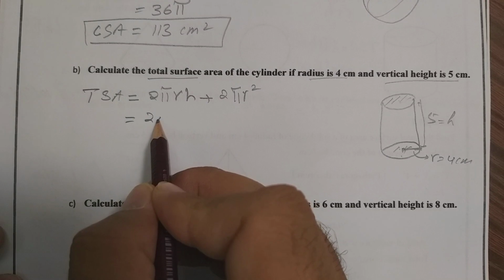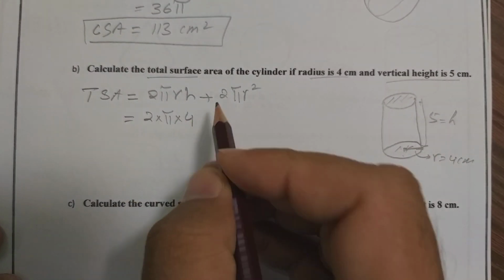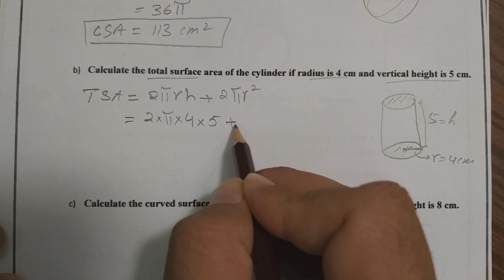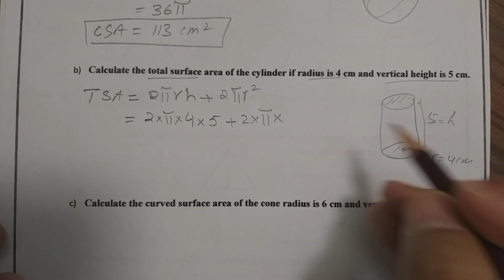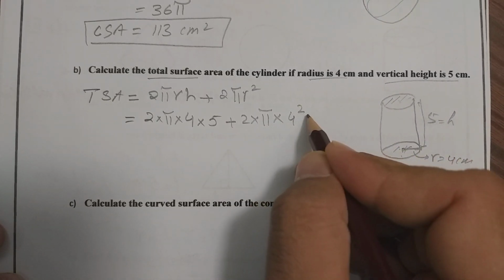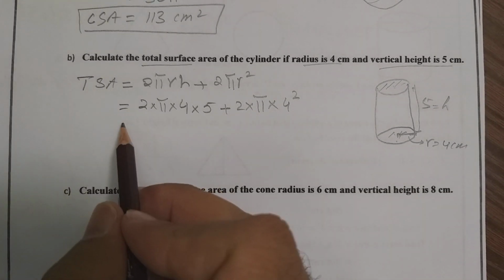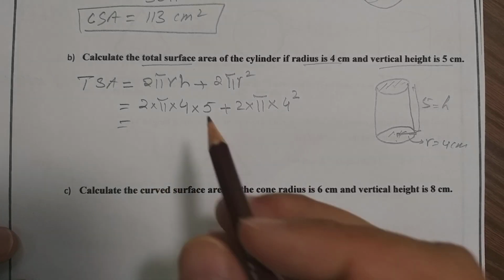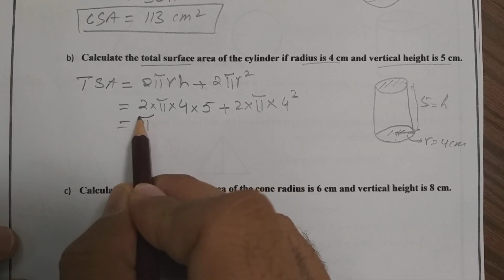So 2 times pi times r equals 4, times height which is 5, plus 2 times pi times r equals 4 squared. Okay, just simplify it. I'm taking the pi outside. I will handle it at the end.